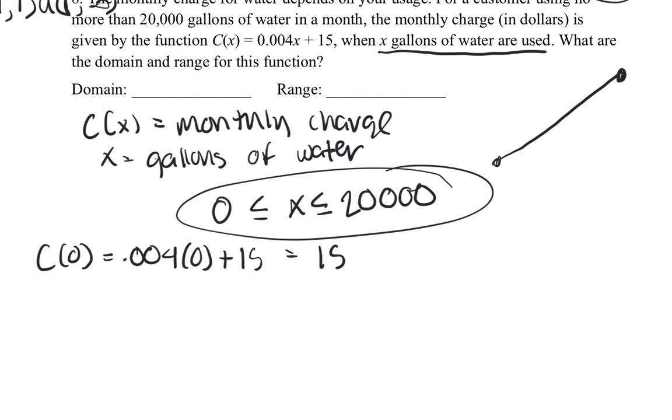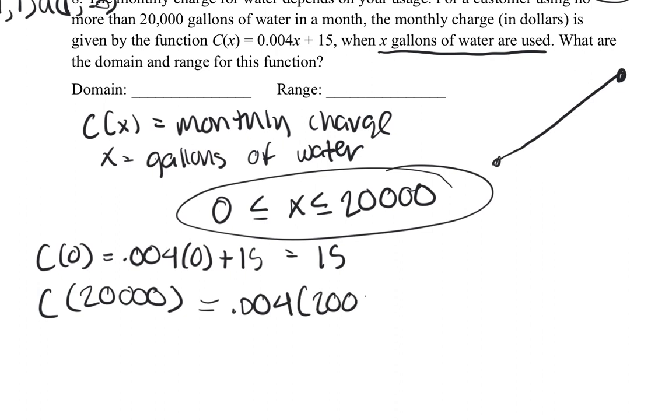And then if we do c of 20,000, that's going to equal 0.004 times 20,000 plus 15.